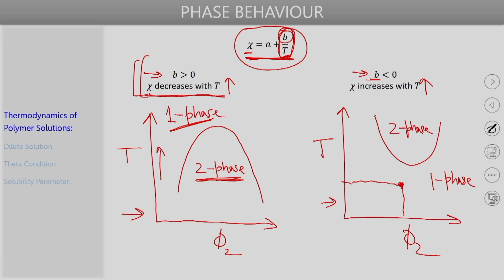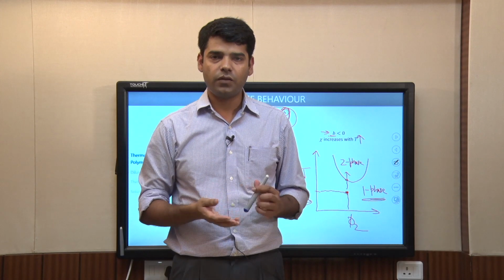So, at low temperatures in this case we have a one phase region, which means that the polymer and solvent are very well mixed and form a single phase system. As the temperature is increased, we will reach a point where the value of chi has increased so much that the one phase system splits into two phases, because the miscibility of the polymer in the solvent has decreased due to the increase in the value of chi.